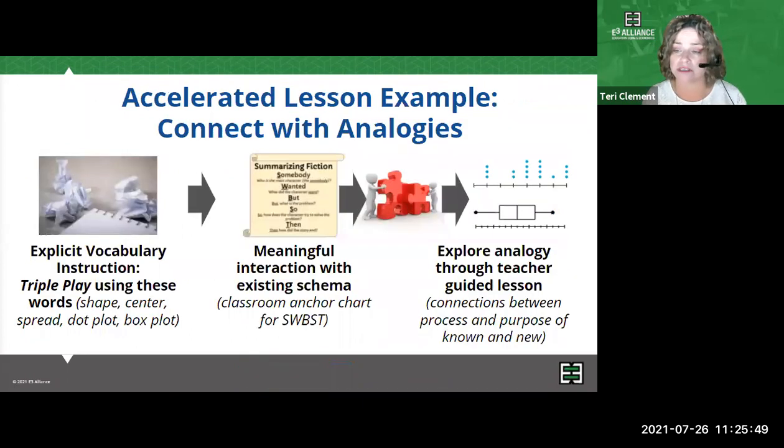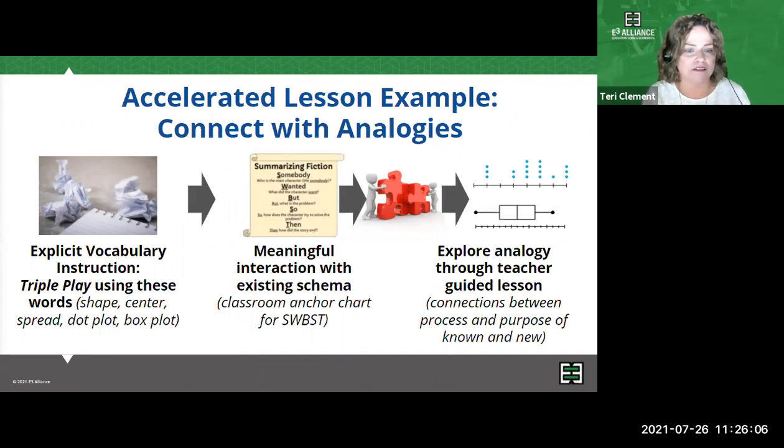The sequence in this accelerated learning plan would be to first start with explicit vocabulary instruction. This example will have a triple play, which is an amazing activity found on a resource on leadforward.com.